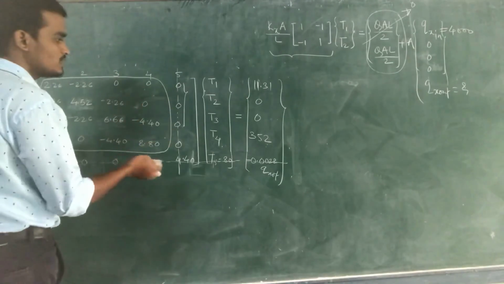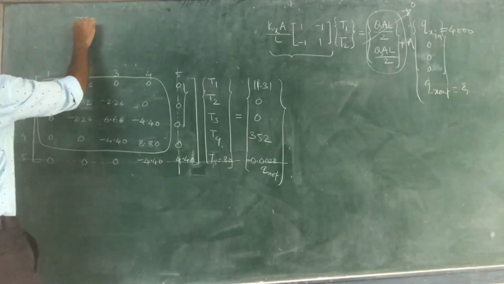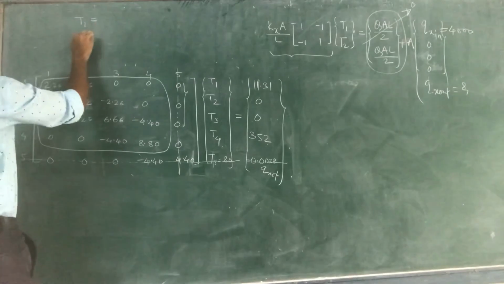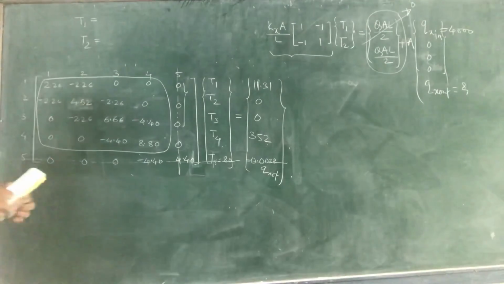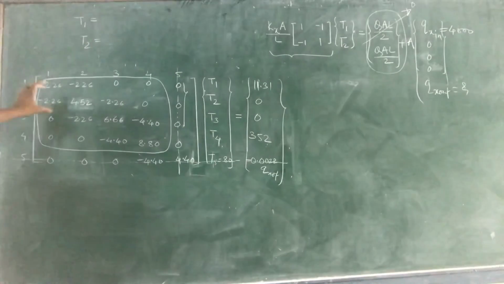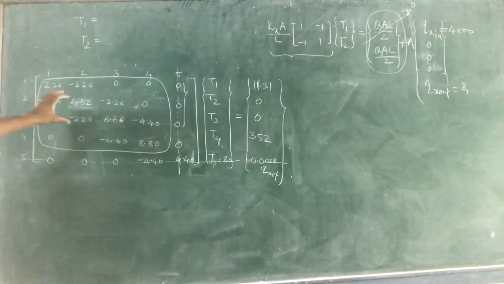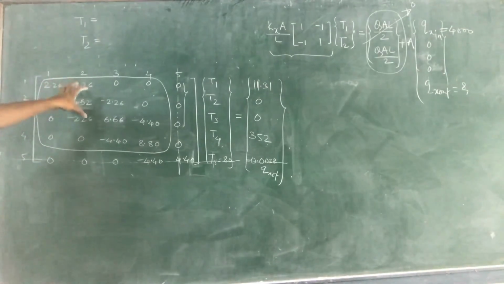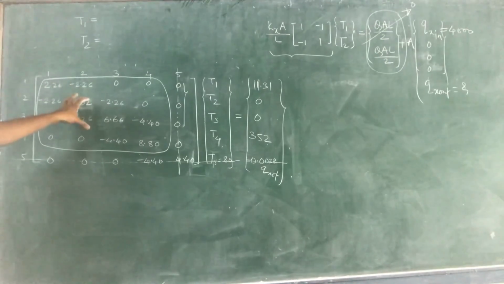By solving these four equations in a matrix, by Gauss elimination method or simply in your calci by using matrix calculation, you will get the values.